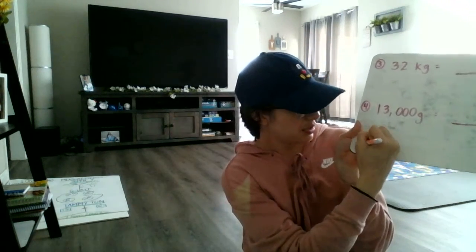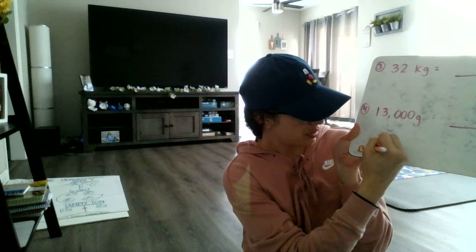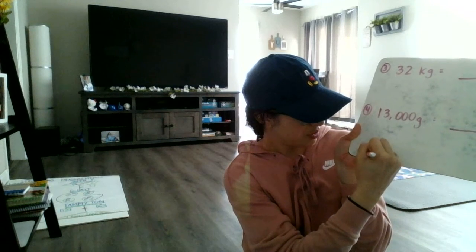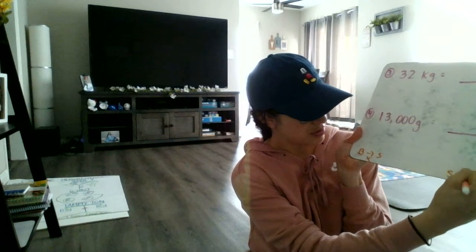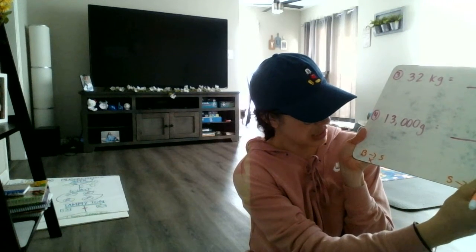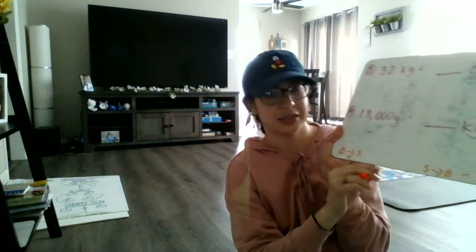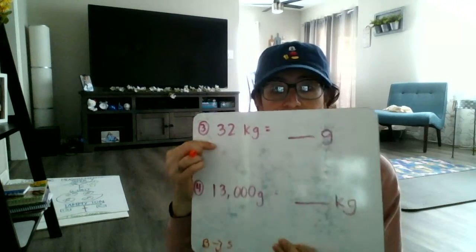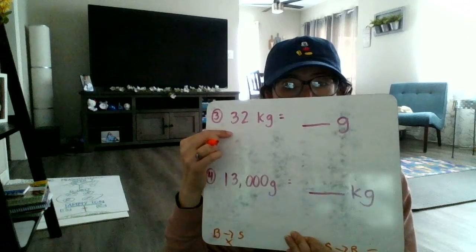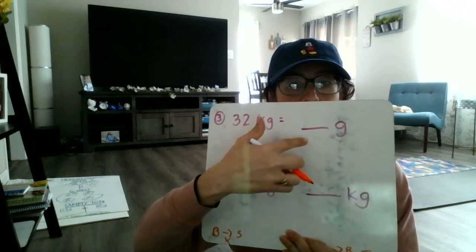You write it down here. Big to small, we multiply, and then small to big, we divide. That was messy. Alright, so we have 32 kilograms, and we want to go to grams.